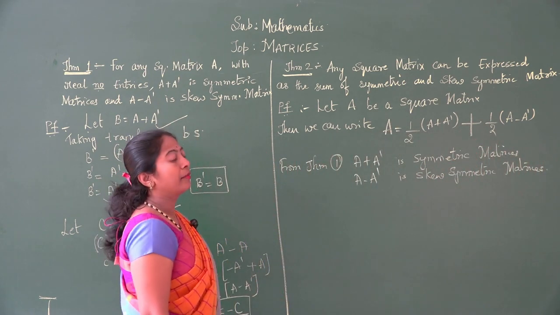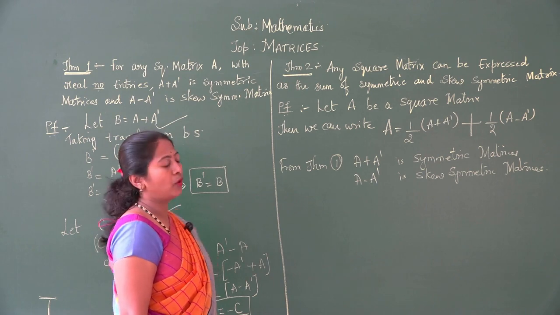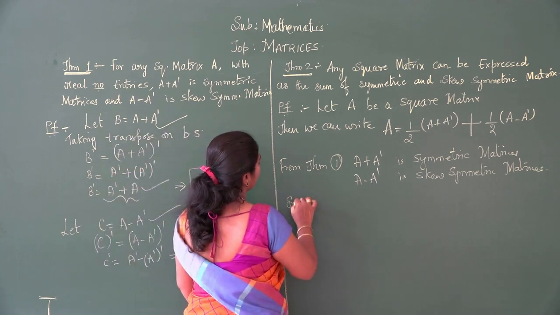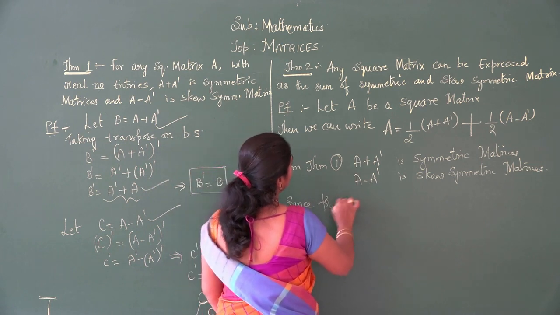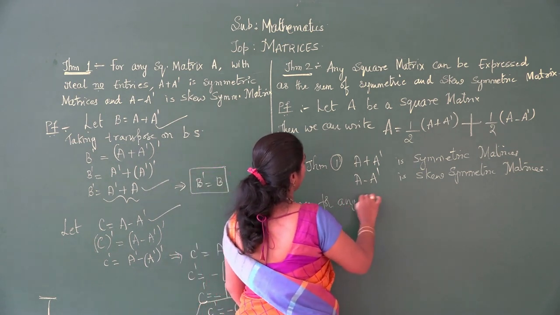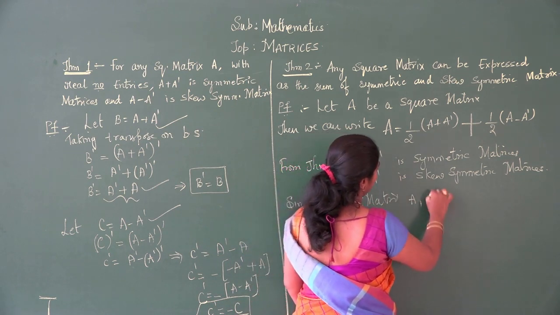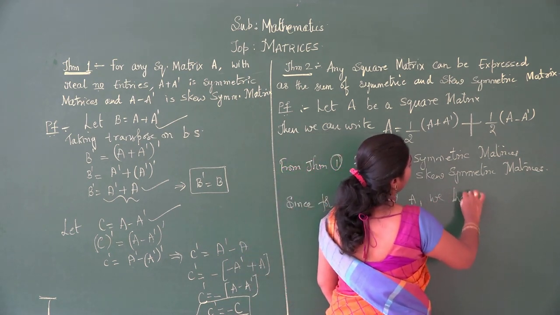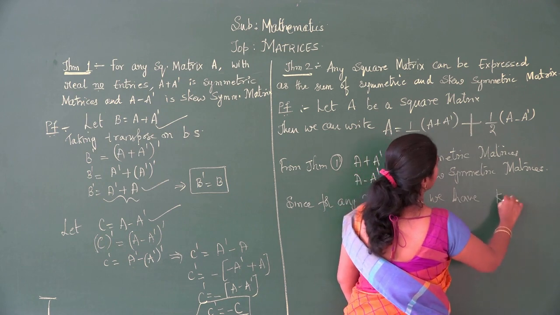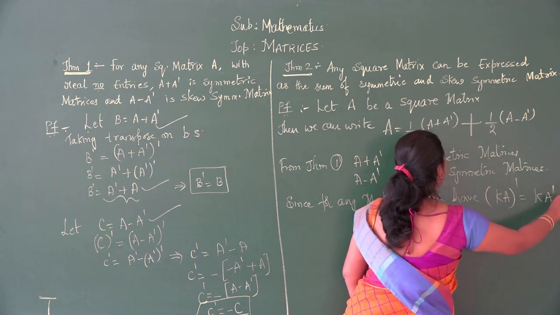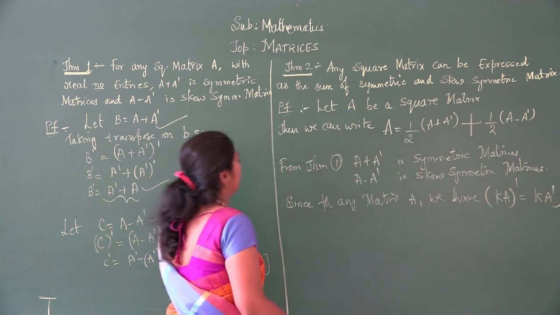We know that by the definition of properties of transpose of a matrix, for any matrix A, we have (K A) the whole dash, which can be written as K into A dash.